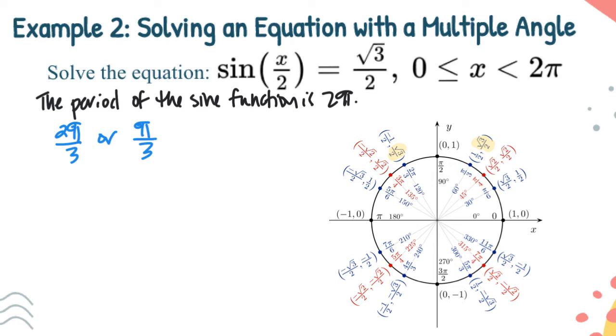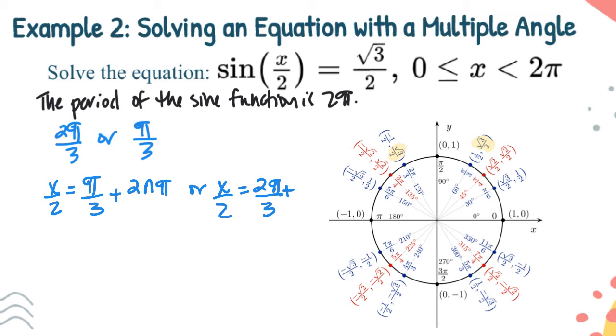So we know that x over 2 is going to equal pi over 3 plus the multiple of the period, so 2n pi, or x over 2 is going to equal 2 pi over 3 plus the multiple of the period, 2n pi. Now we need to solve for x for both of these, and in order to solve for x, we need to get rid of that denominator of 2.